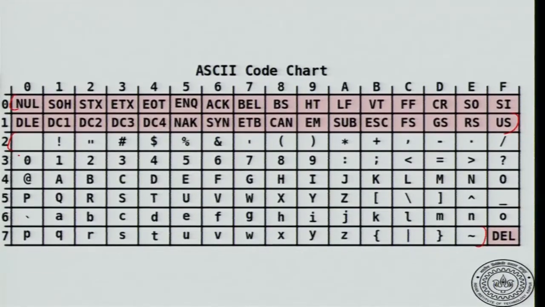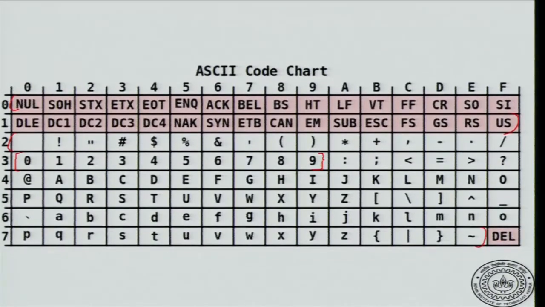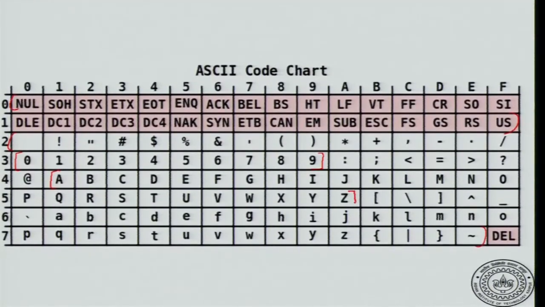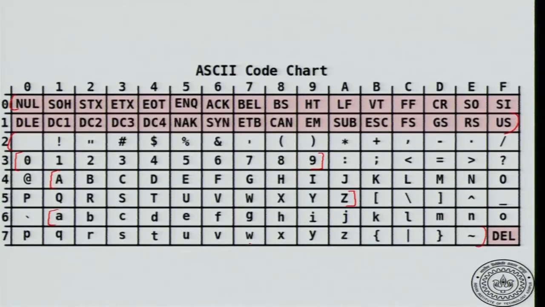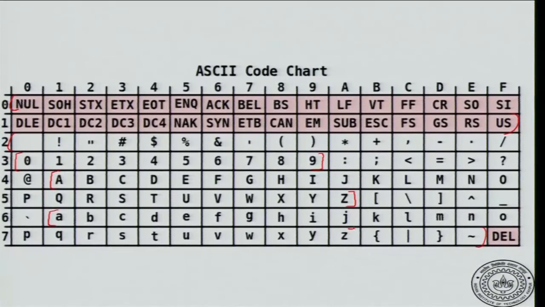Among them, you know that the integers, the digits, occur together. Similarly, the capital letters occur consecutively, one after the other, and the small letters occur consecutively, one after the other. So, this is some abstract property of the ASCII code chart that helps us in writing some useful code.